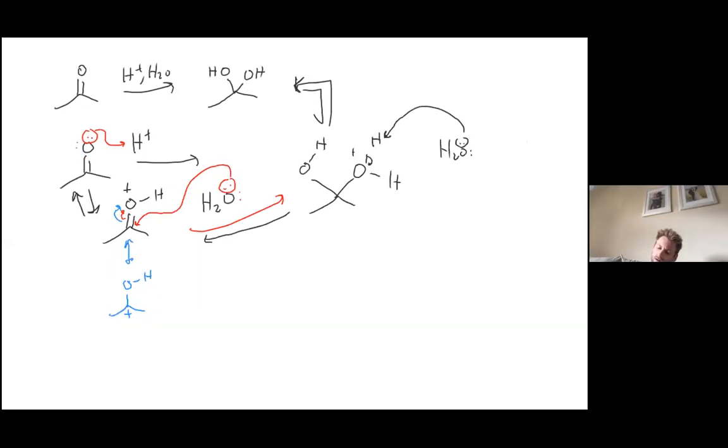Okay. Our next reaction is kind of where we start actually doing things that are generating useful products. So if we instead add an alcohol into solution, so assuming H plus, let's take ethanol.